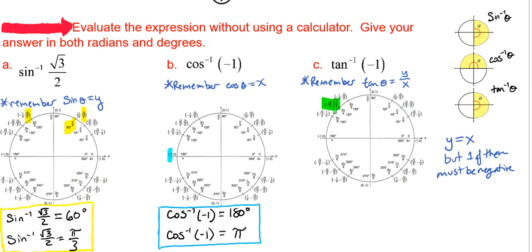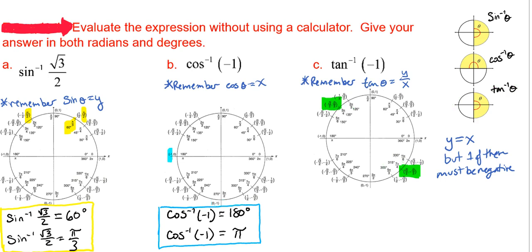But it happens there, and it happens again here, where they're the same numbers except that one is positive and one is negative. So we see that we have values at 3 pi over 4 and 7 pi over 4, except that our answer can only be in either the first or the fourth quadrant, because that's where our domain is.